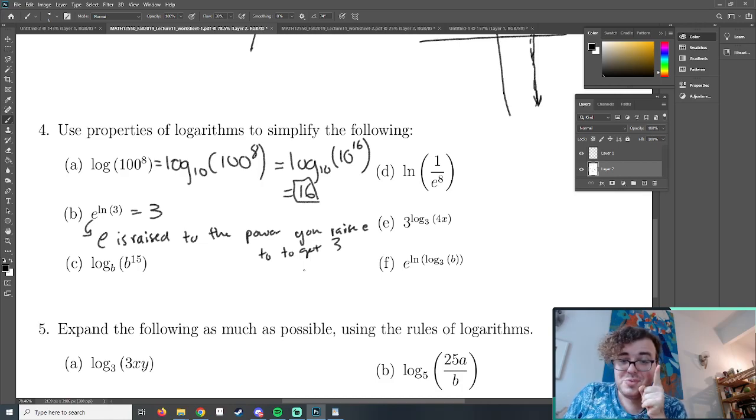And then you raised e to it. So it's e raised to the power that when you raise e to it makes it equal 3. So obviously it has to equal 3. That's the whole definition.